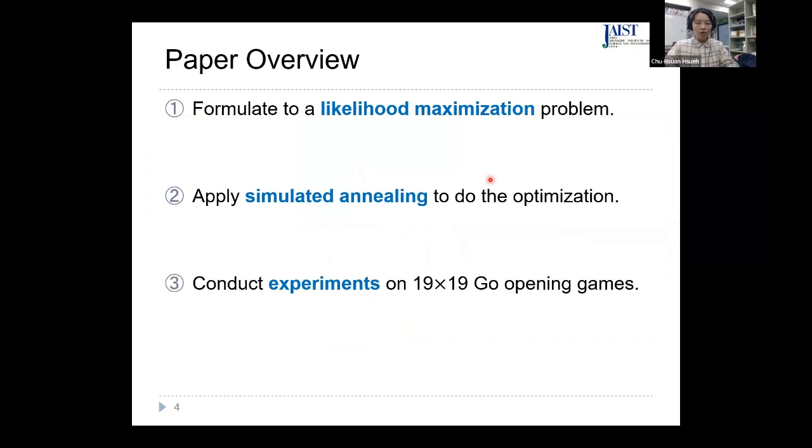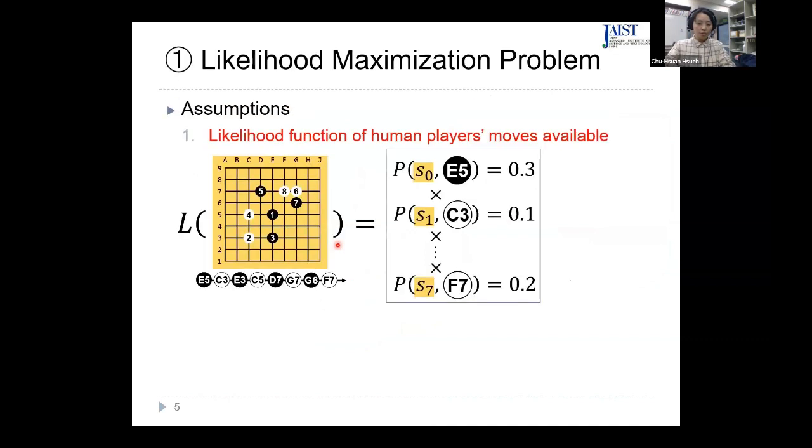In this work, we formulate the problem as likelihood maximization and apply a general optimization algorithm called simulated annealing to solve the problem. Then we conduct experiments on 9 by 9 and 19 by 19 Go opening games. For the problem formulation, first we need to make some assumptions.